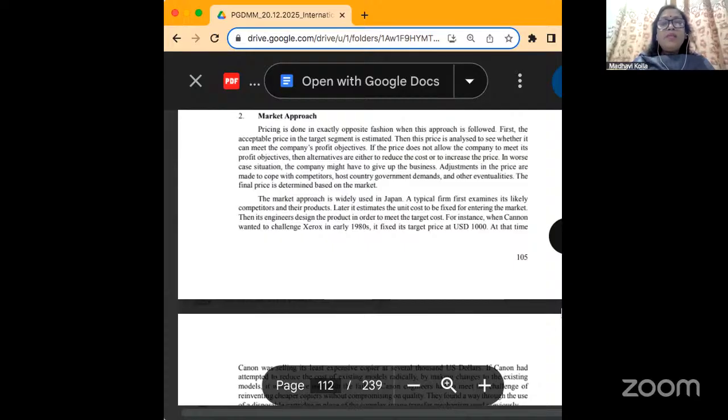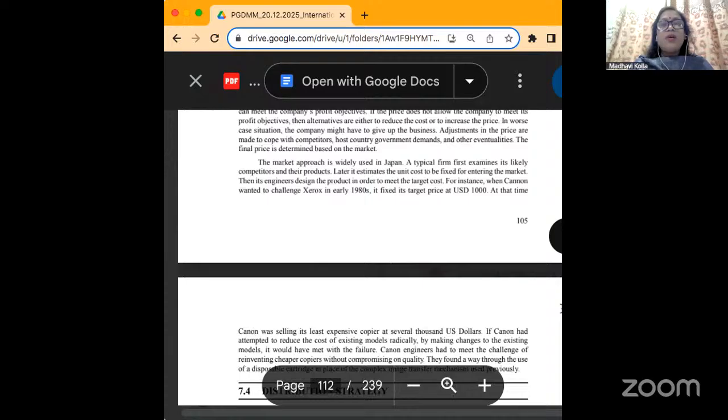So the adjustments in prices also have to be made in terms of what the competitors are offering, the host country government demands, and other eventualities that may occur. For example, if there are certain weather conditions or other factors that need to be considered, the point is that these may also disrupt the supply of goods and services.